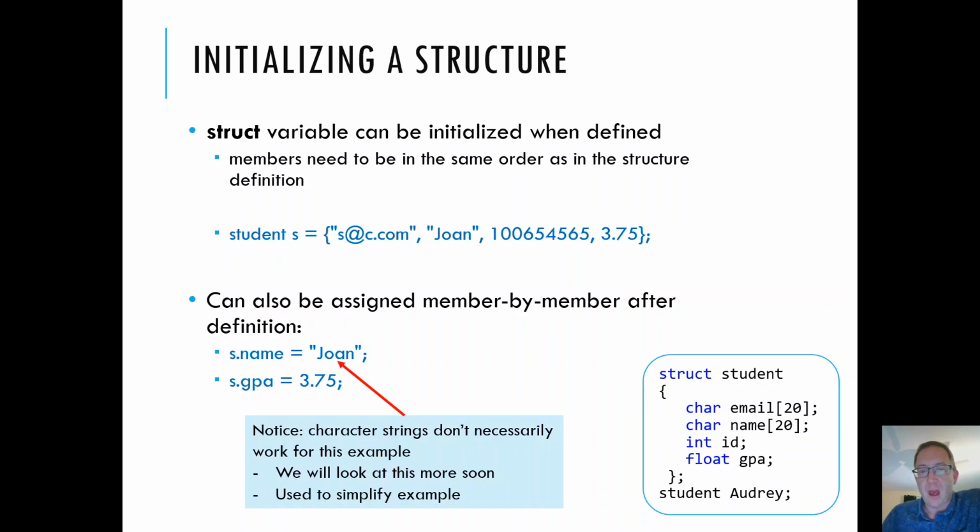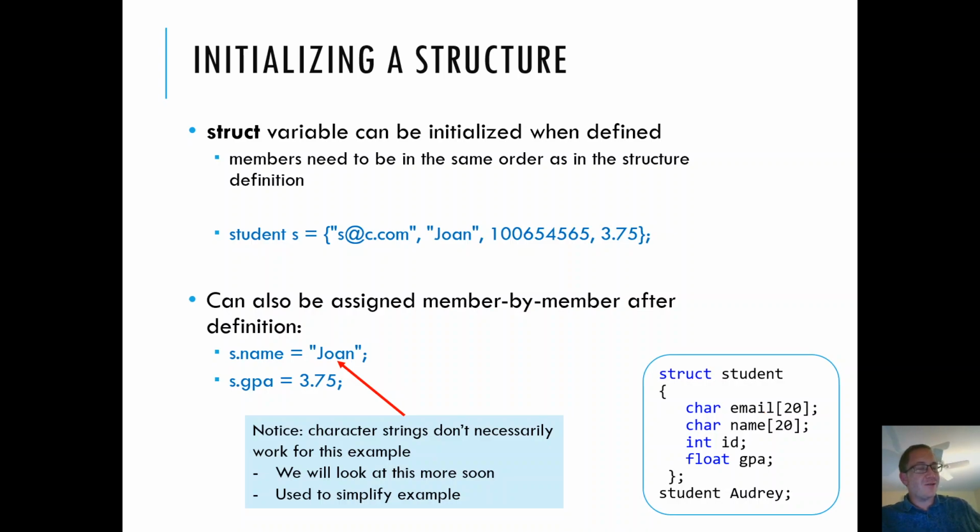All right. Also, I want to note that the syntax for this code is not exactly right, and it sort of irked me a little bit. We have an array of characters here, which is like saying char star. This won't actually work because Joan will not be stuffed into email, just because of how strings work. For the time being, we're going to pretend magically that the name Joan is going to go into the name here, but it's not exactly going to work that way.